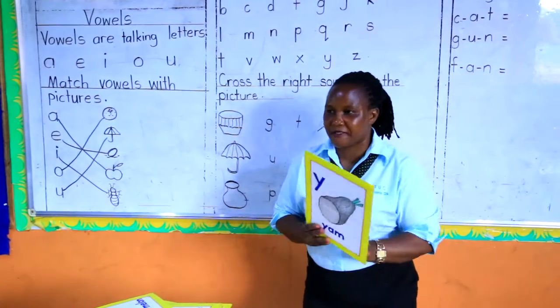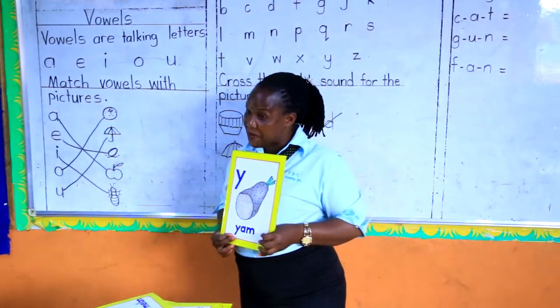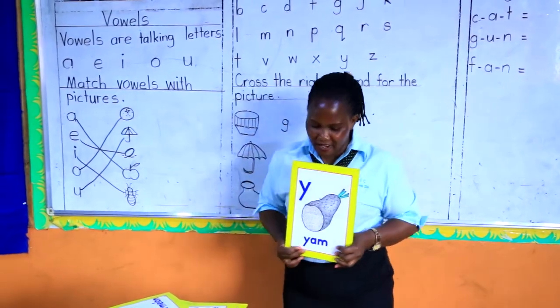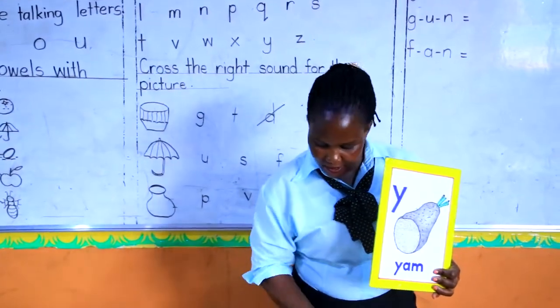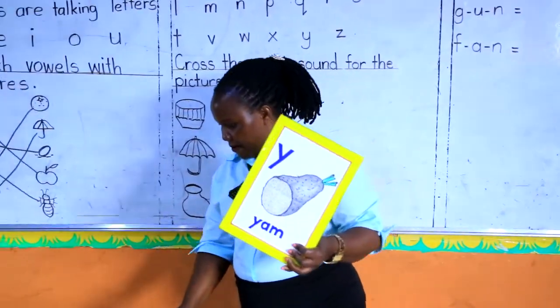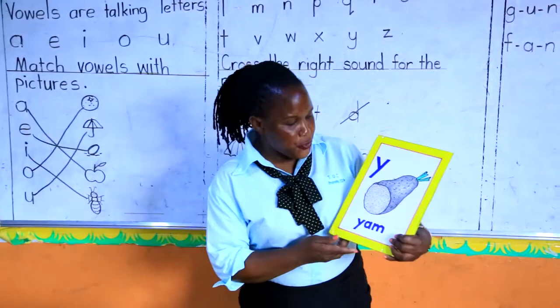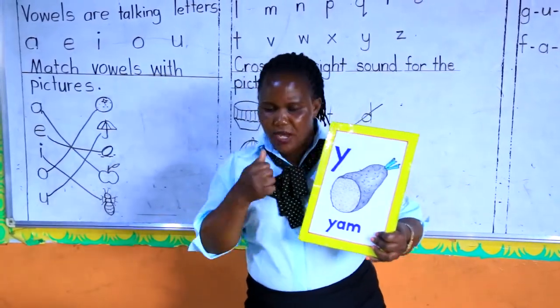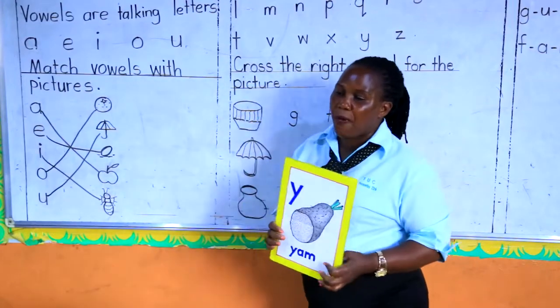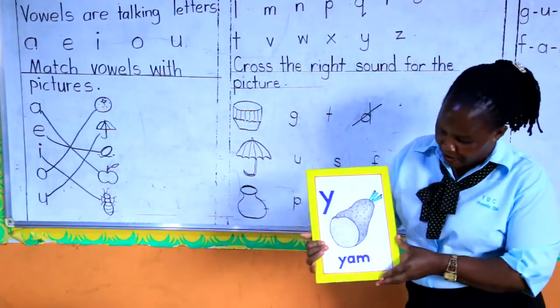Good. Look at this. Are you seeing it? Yes. What other sound is this? Very good. That is the sound. Can you give me an example of a friend of the sound?